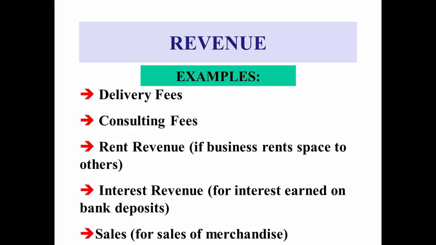Sales is the account that we use when we're selling products. In other words, delivery fees, consulting fees, something with fees on it usually means we're selling a service. Sales is the word that we use when we're selling a product.